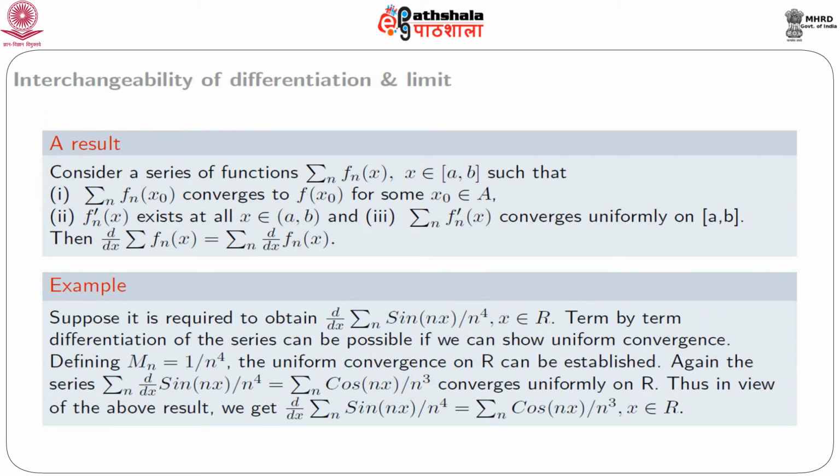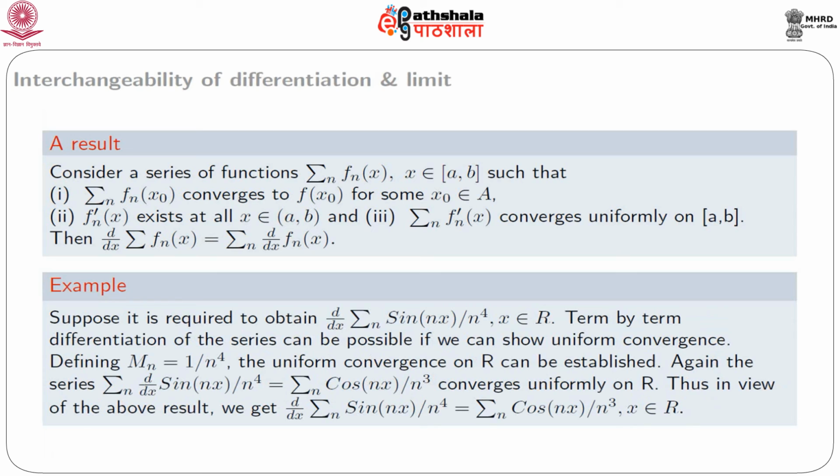Lastly, we discuss interchangeability of integration and limit. Consider a series of functions f n x, x belonging to the closed interval a b such that each f n x is Riemann integrable on the same interval, and the series with nth term f n x converges uniformly on the same interval.